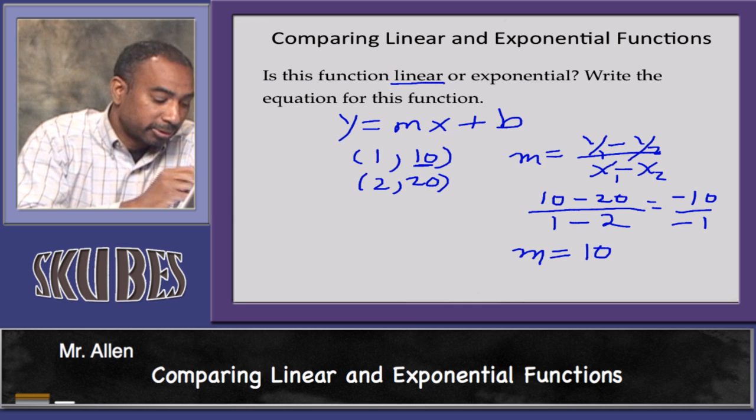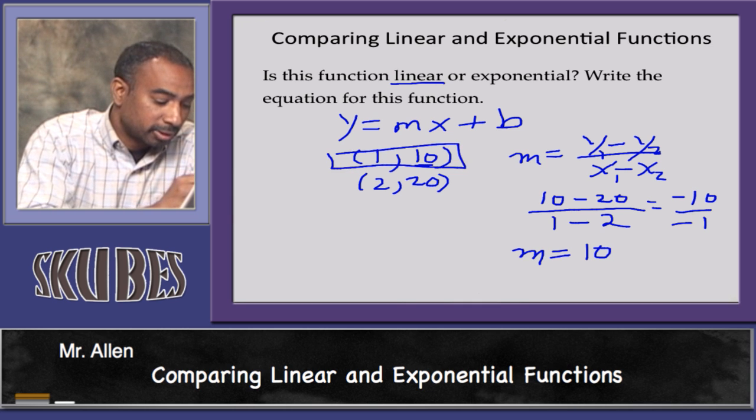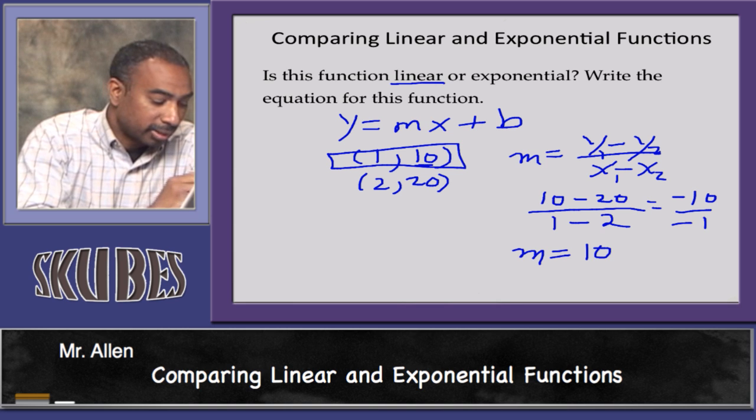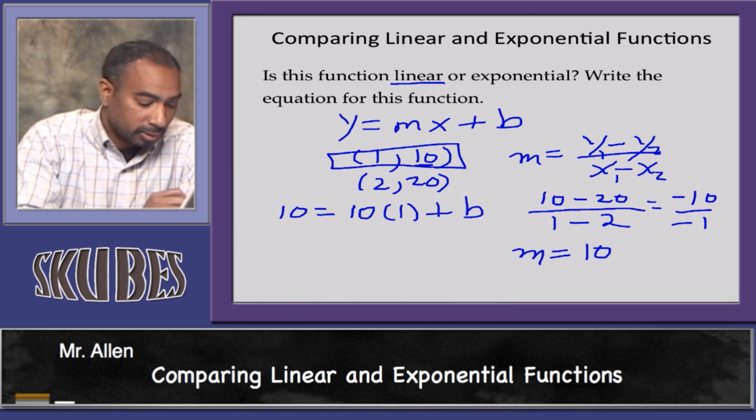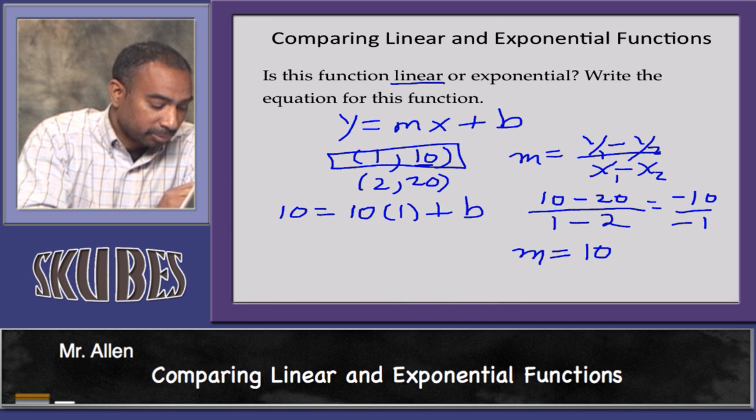So you could take one of these points and solve for b. Let's say 1, 10. Y in this case is 10. I know my slope is 10. X is 1. And if I simplify this, I can solve for b. I get what the y-intercept is.